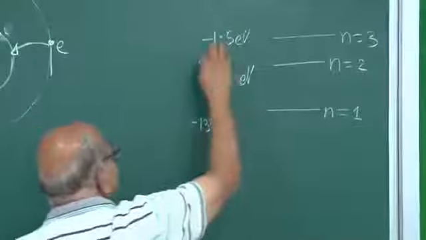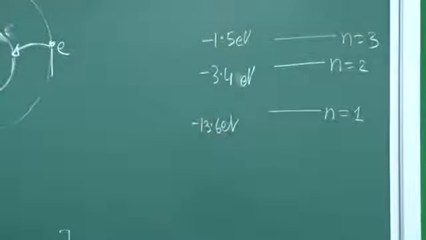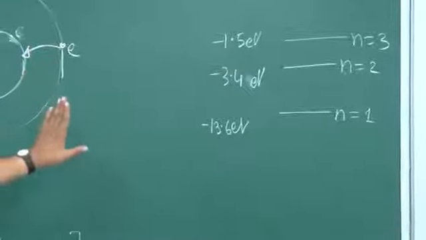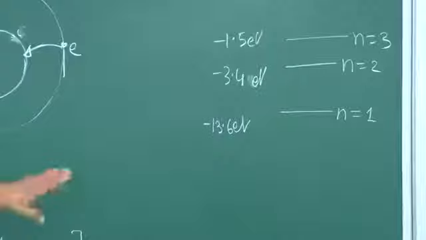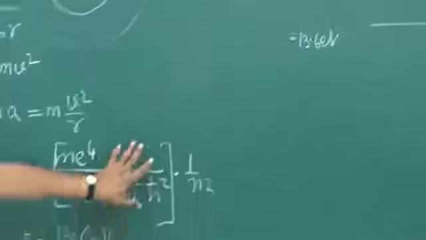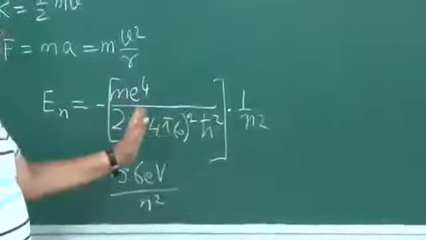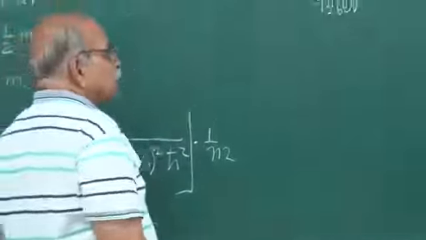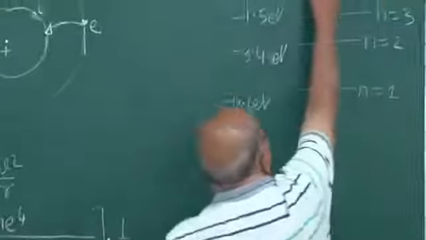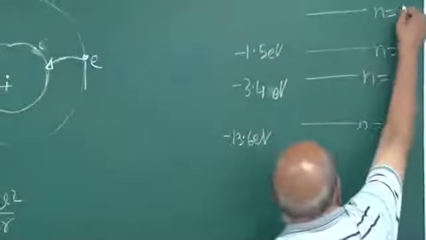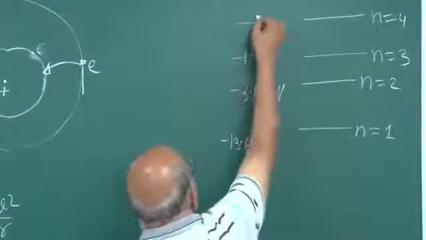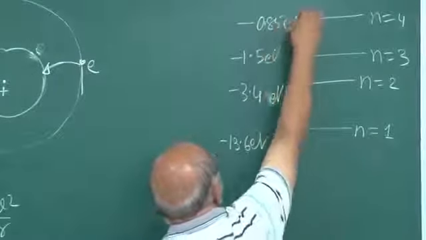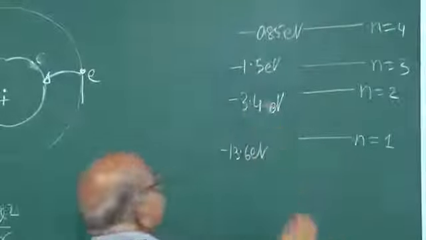These numbers which I am giving are not very accurate up to 3, 4, 5 significant digits. I am giving you the broad values, but this is the right expression, and you put the values and get the exact energies from here. Similarly, if you go for n equal to 4, you will have this divided by 16, so it will be minus 0.85 eV, I believe, like that you can go beyond.